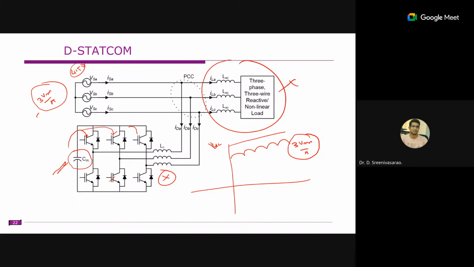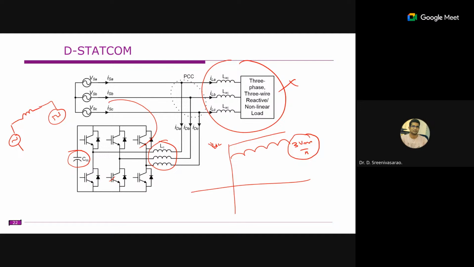So the meaning is that we want to draw some real power from the source, such that we maintain the voltage across this capacitor. That means this converter will be slightly lagging. This is the grid side, and we have some inductor. If you model this, we have this inductor and the inverter here.